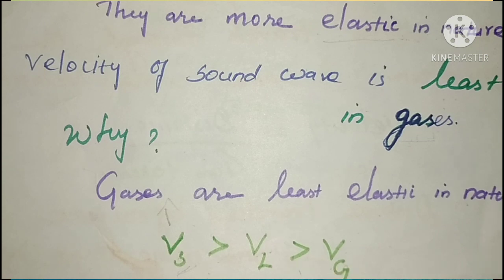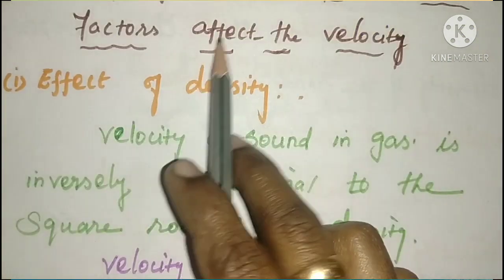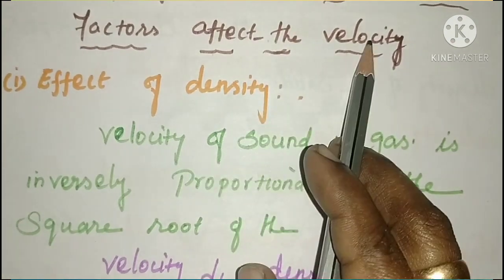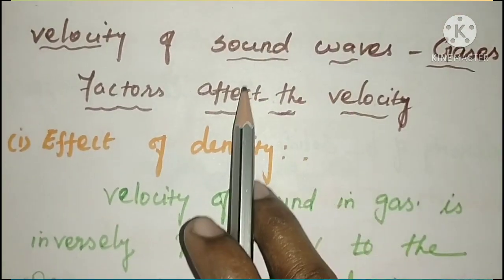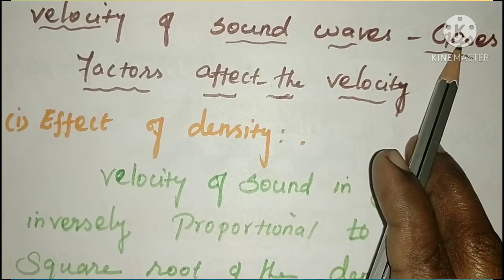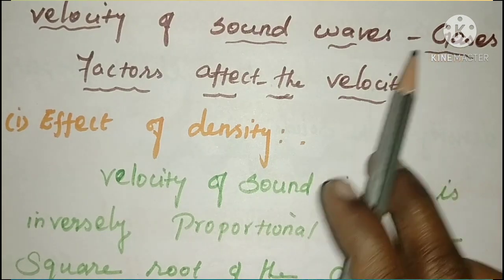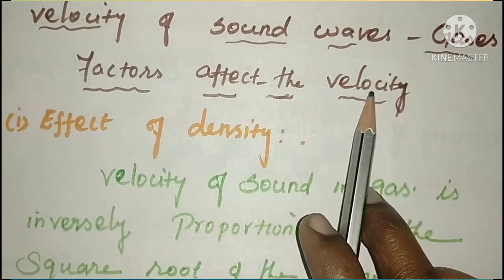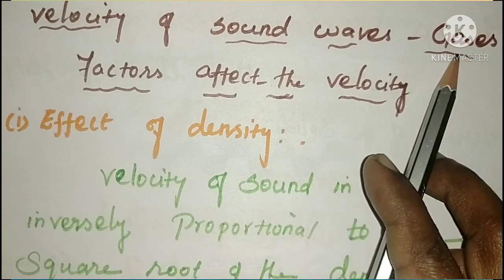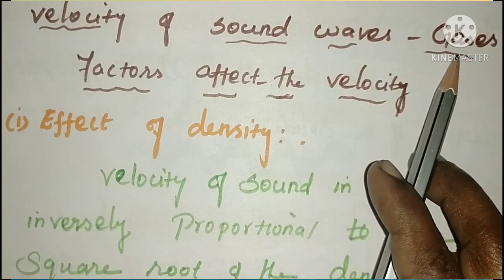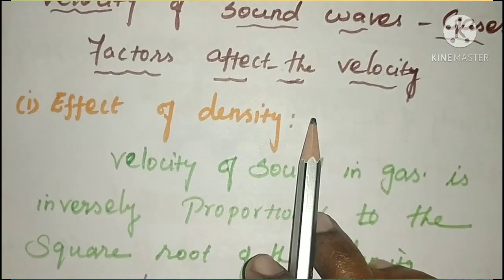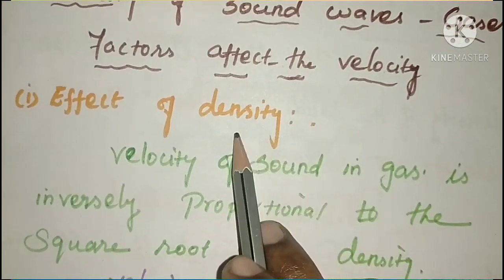Next we are going to learn what factors affect the velocity of sound waves in gases. In the gas medium, what are the factors that affect the velocity? The first factor is density.